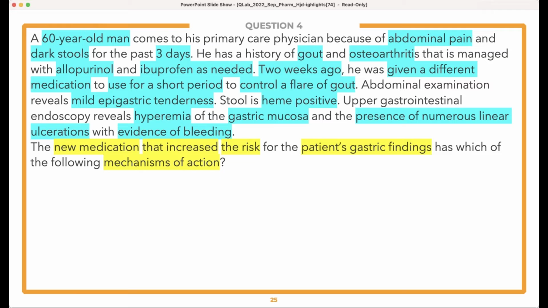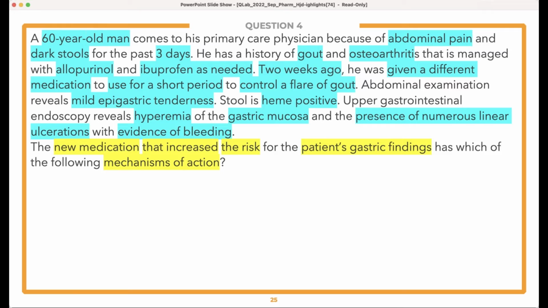They're asking us about this new medication, and specifically its mechanism of action. But they're asking us about the new medication that increased the risk for the gastric findings, so we don't want to make a mistake and forget which new medication they're asking about. So let's go ahead. I think one, we've got to figure out what that new medication is, and then 2, what is the mechanism of action? So I think we've got another 2-step question here.